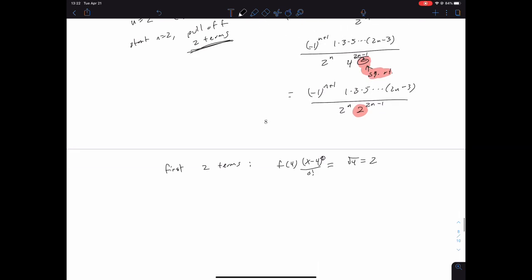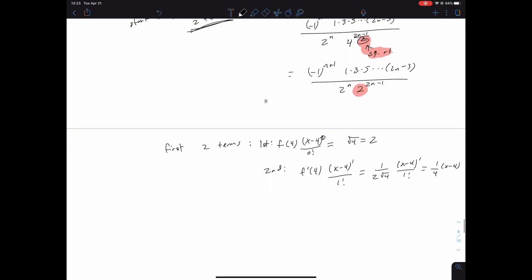My second term is f prime of 4 times x minus 4 to the 1 over 1 factorial. And so this will be 1 over 2 square root of x, because that's the derivative. So I have 1 over 2 square root of 4 times x minus 4 over 1 factorial. So this is 1/4 x minus 4.